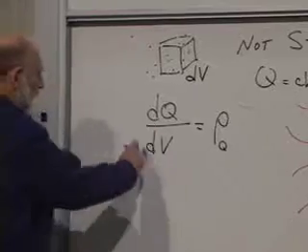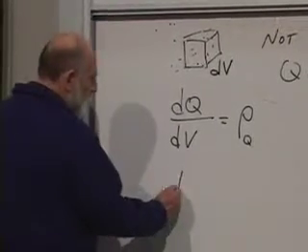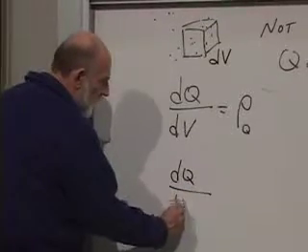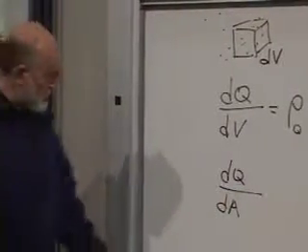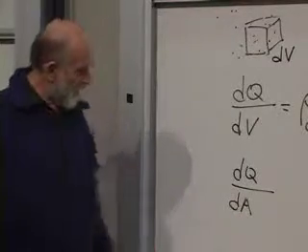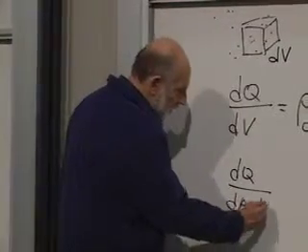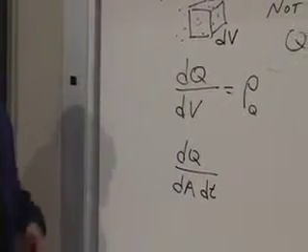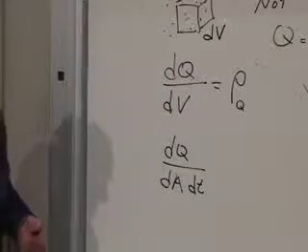So let's write that. The amount of charge that goes through the window, and I'm going to call the window now a small window with a differential area dA, per unit time. What do I call that? I'm going to call that the current.